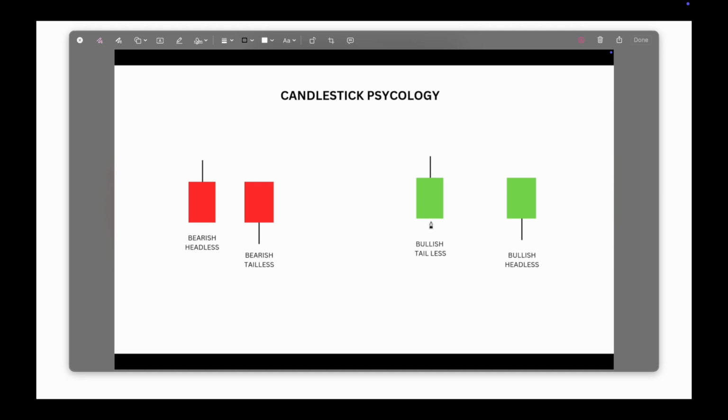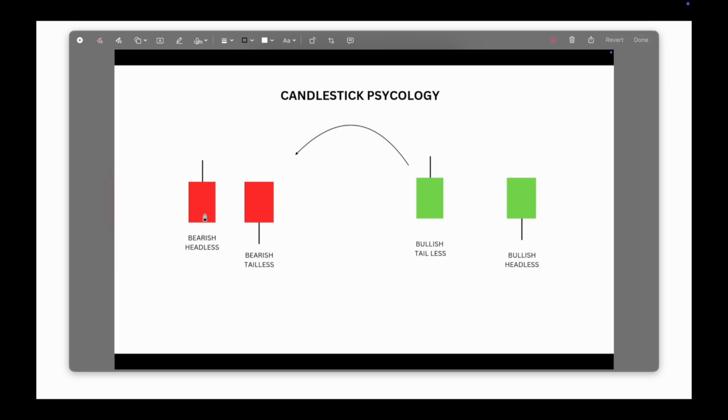This is the second strongest candle in a bullish trend. And the bullish headless candle is a little bit weak compared to the tailless candle, and that is opposite in the bearish situation, guys. All this time you were doing it wrong.